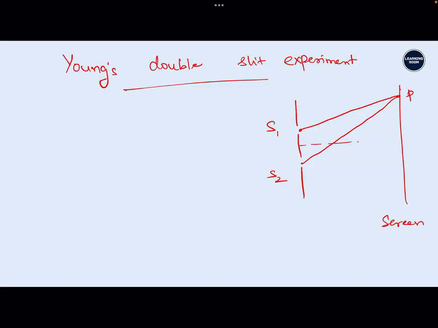For that, we will do a small construction. Let me call this point O. Let me call this distance capital D. From here I'm dropping a perpendicular, and here also. Let me call this distance Y, and this distance small d. Then how much will this distance be?